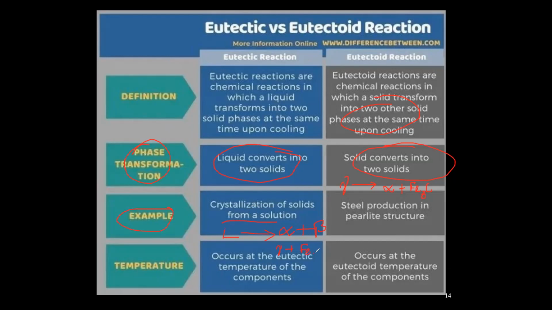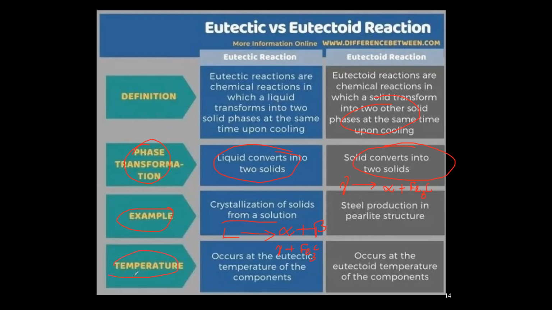Gamma is one phase and Fe3C is the other phase. And the eutectoid reaction example is steel production in pearlite structure. Pearlite is nothing but alternate layers of alpha and Fe3C. That is the pearlite structure.